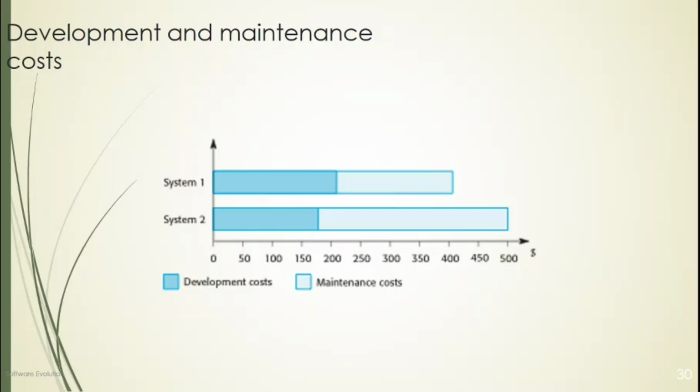The development cost is in dark blue and maintenance in light blue, and you can see the differences. They give it in dollars instead of rupees because the example comes from a USA company, sorry, USA country. So this is the development and maintenance cost example.